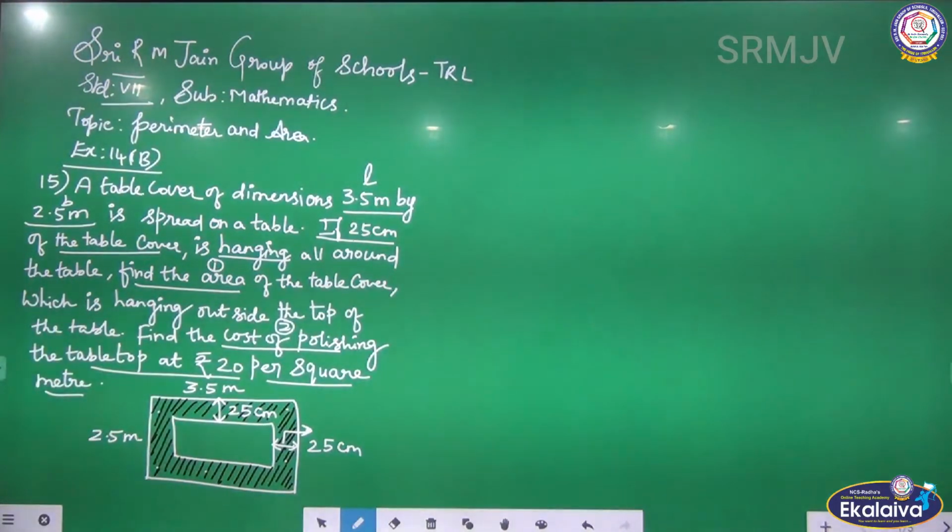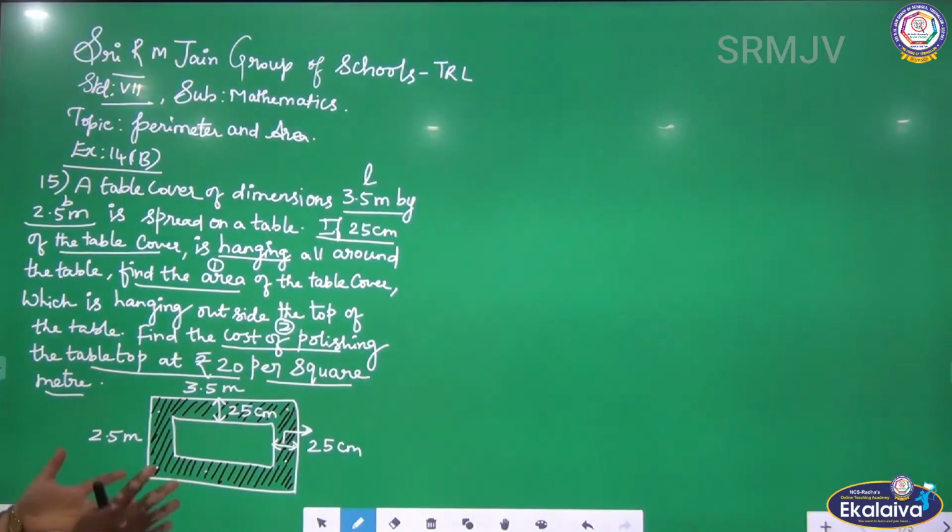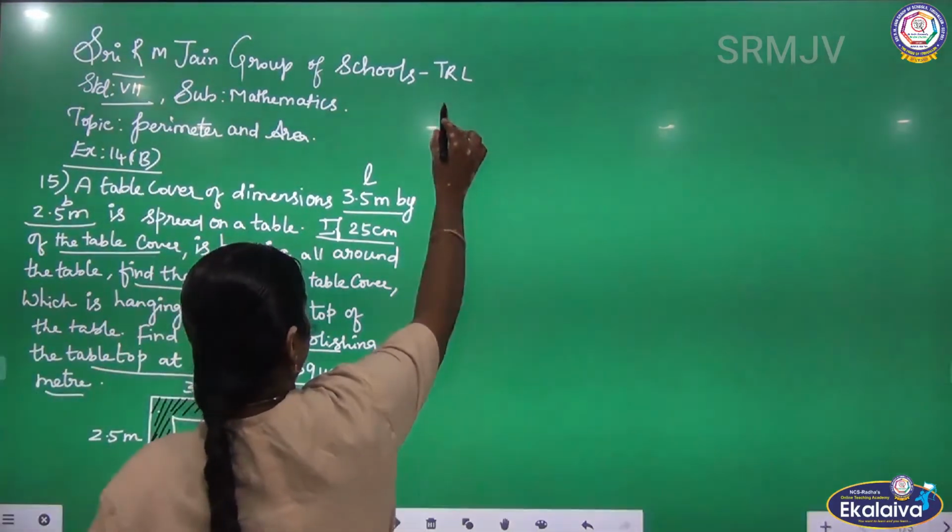The first one is to find out the area of the table cover, and then the cost of polishing the table top. The rate is given for 1 meter square. Whatever area I get, I am going to multiply with the 20. Can you understand? Shall I move for the solution?